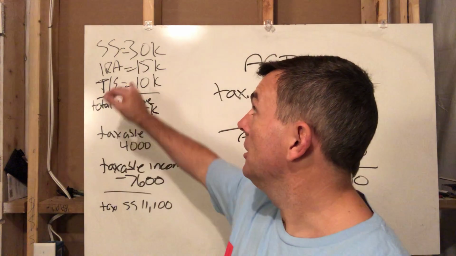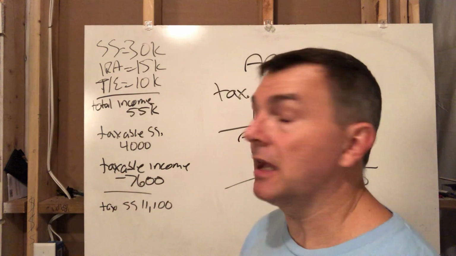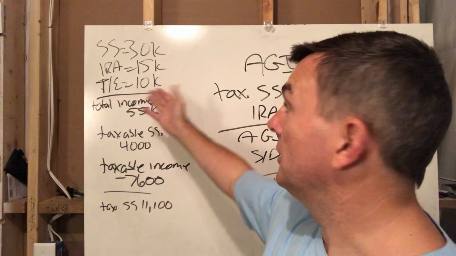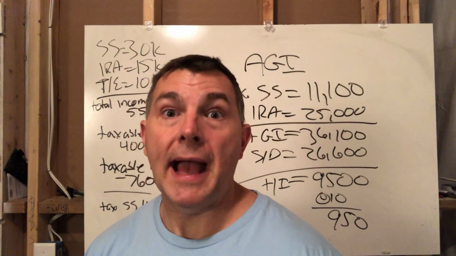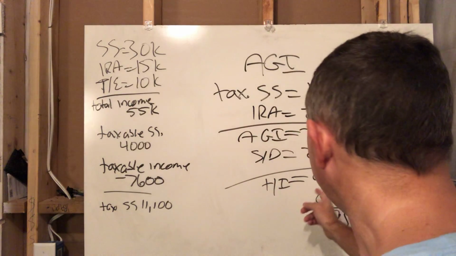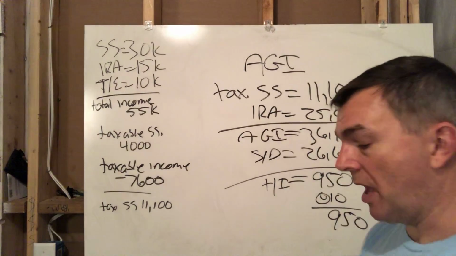Now, with that said, if we didn't do the Roth conversion, we had no taxes because we had negative taxable income. But because we did the Roth conversion, we have $10,000 more of taxable income. But it's actually not just $10,000 more. How much more is it? We had negative $7,600. Now we have positive $9,500.